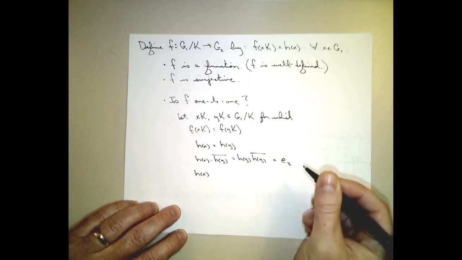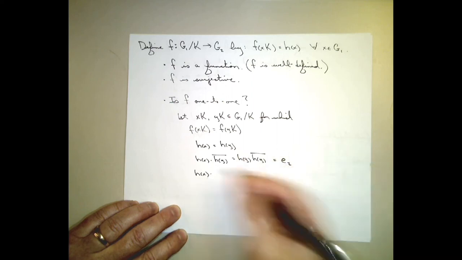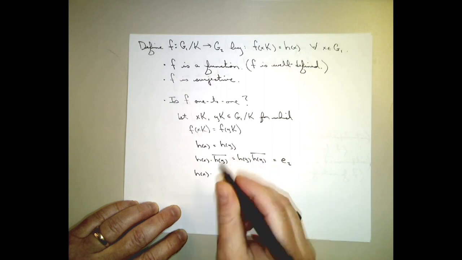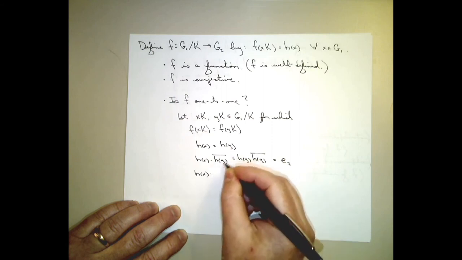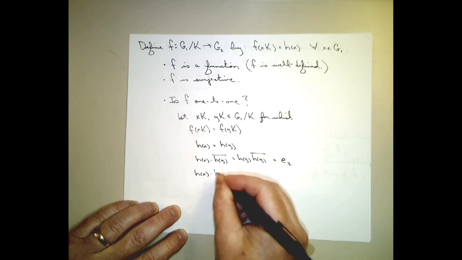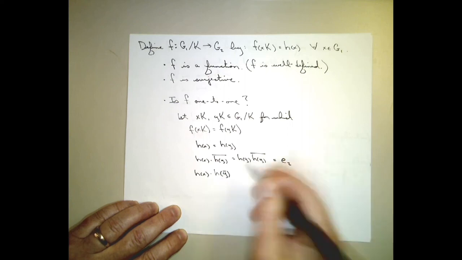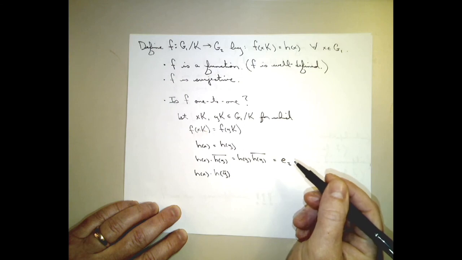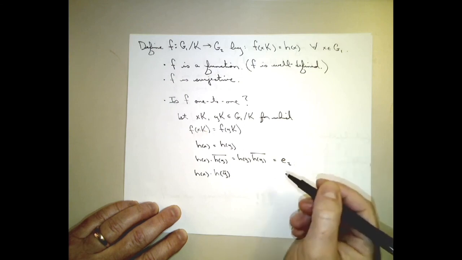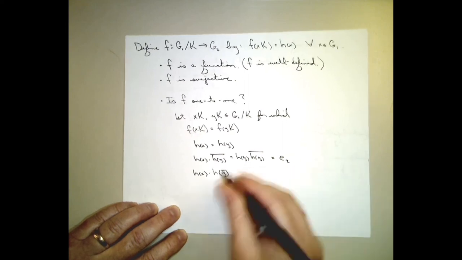Another thing we have not specifically shown, although we did use it in our last video, is that a homomorphism has to send the inverse of an element to the inverse of the image of that element. So this is actually the same as h of y inverse. I'm going to ask you to show that as a homework exercise. We did a similar result for isomorphisms some time ago. It's basically the same proof, but just to fill in that blank, I'm going to ask you to prove that as a homework exercise.